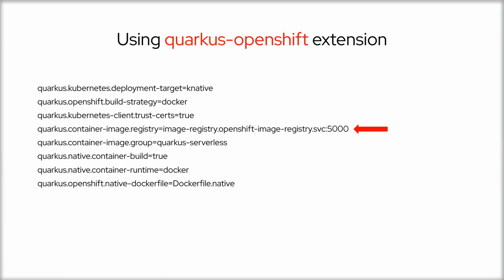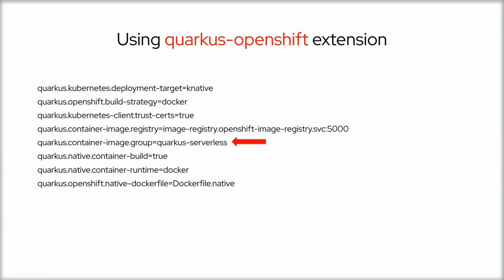Then, to direct the OpenShift serverless to pull your container image from the OpenShift's internal image registry, we need to specify this Quarkus container image registry with a value of the path or the URL to the internal image registry of the OpenShift cluster.